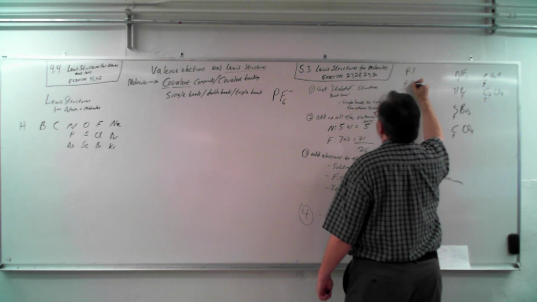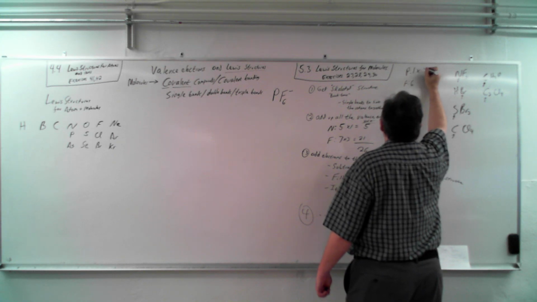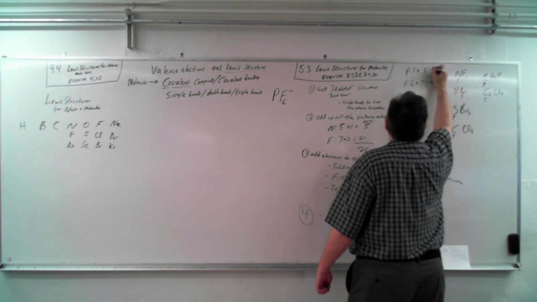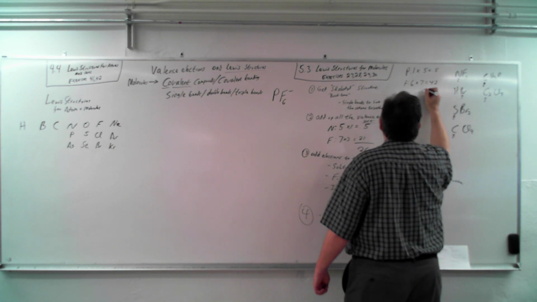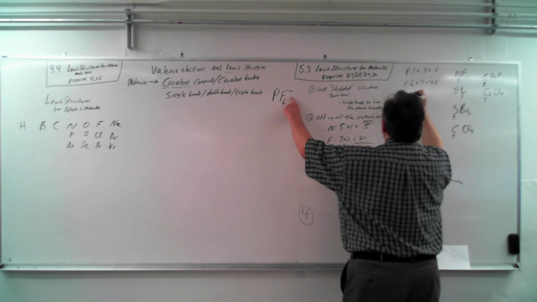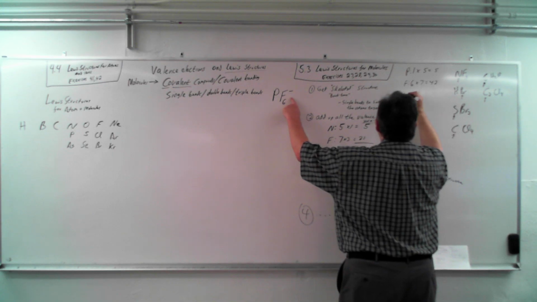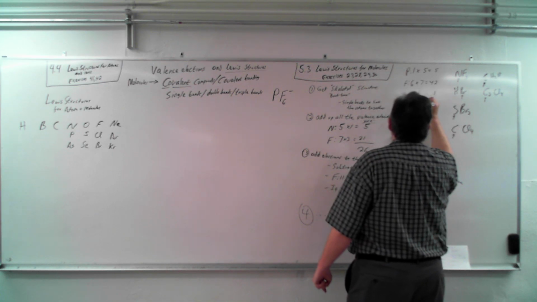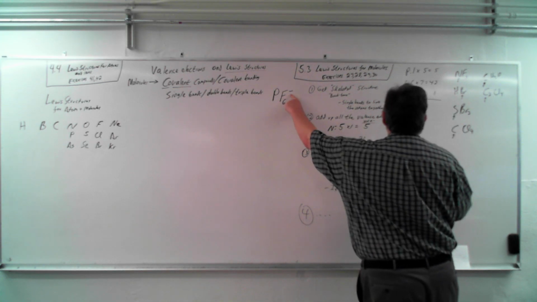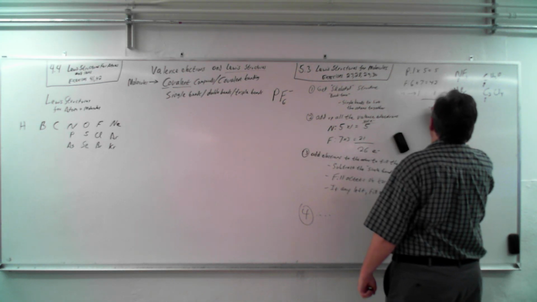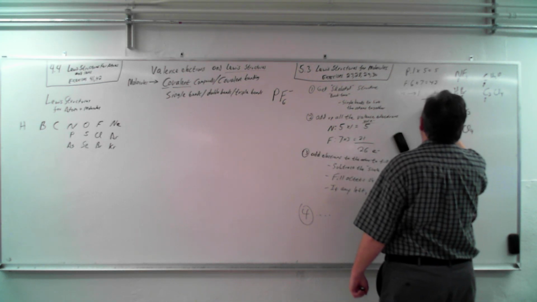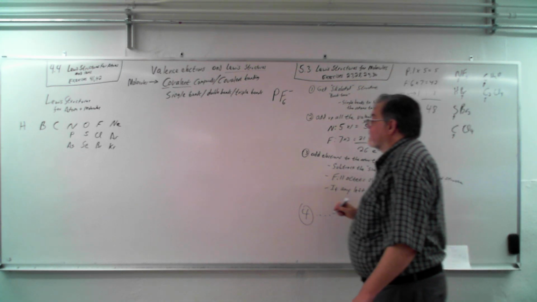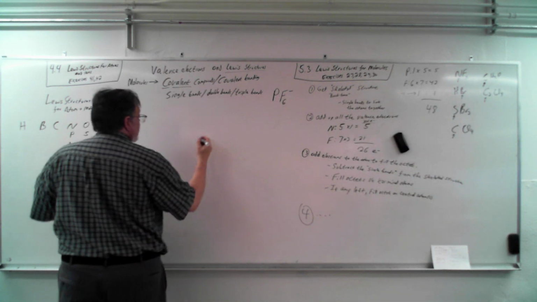F, there's 6 of them. And I'm going to say plus 1 more electron, because of this negative. So we end up with 48 electrons. 47, 48 electrons. All right. The backbone here.